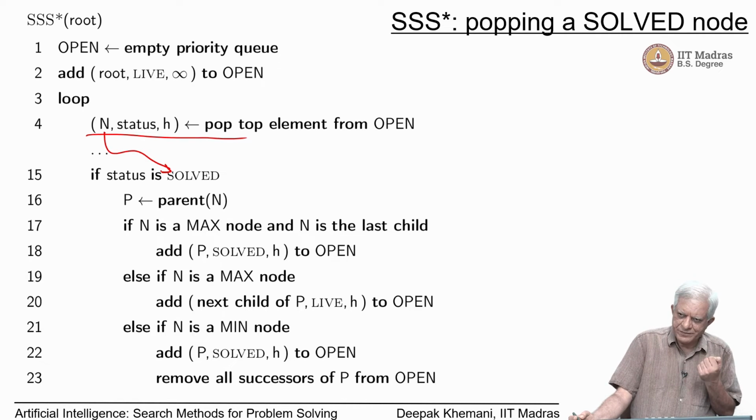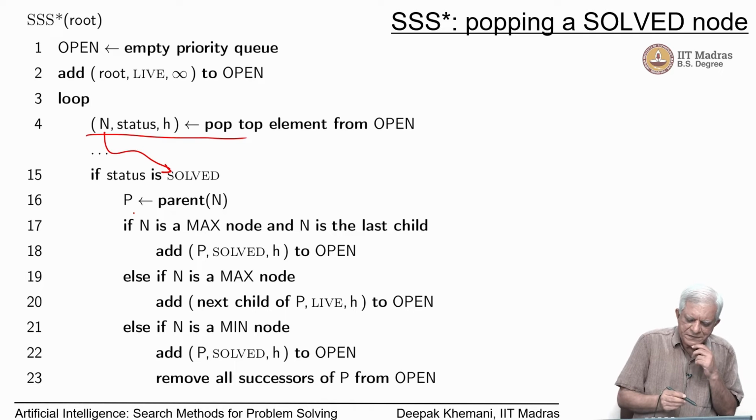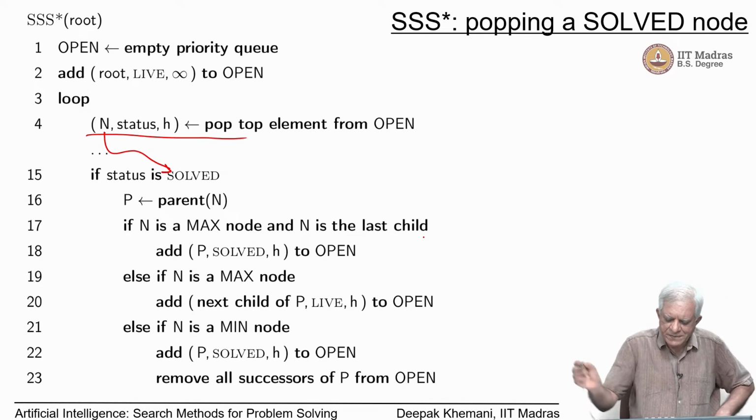Now, the node that we extract is a solved node at that stage from the horizon, and we identify its parent as P, and then we say if that n is a max node and n is the last child essentially. What does this mean?